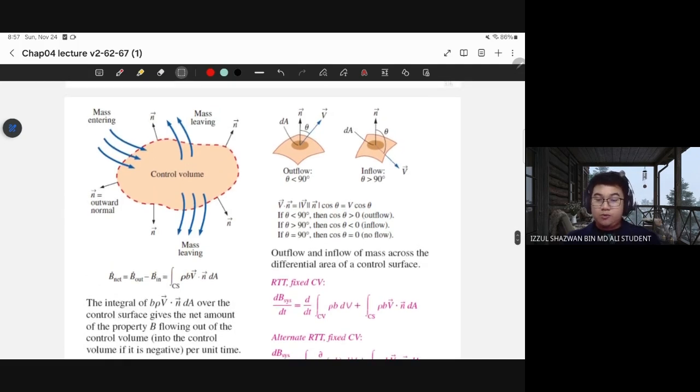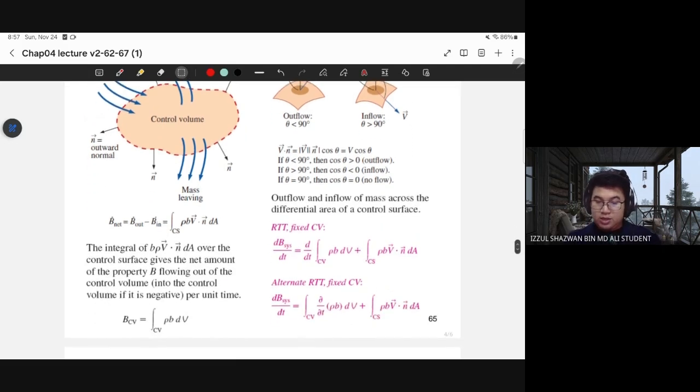Now, how do we know whether it is outflow or inflow? That is not difficult. We look at the angle theta. If the angle is less than 90 degrees, it is an outflow. If the angle is more than 90 degrees, it is an inflow. Next, we will see the outflow and inflow of mass across different areas of the control surface.